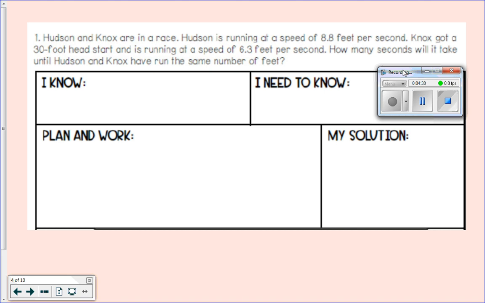So what do we know? What do we know about Hudson and Knox? Abby? Hudson is running at a speed of 8.8 feet per second. Okay. What about Knox? Good.